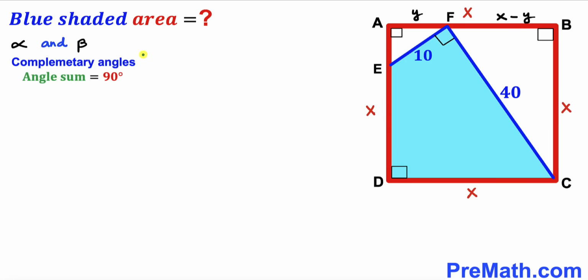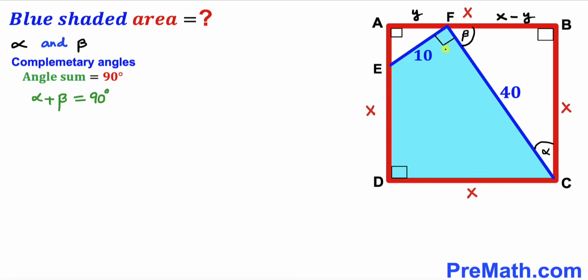And here's our next step. Let's assume that alpha and beta are our two complementary angles. In other words, the sum of these two angles, alpha plus beta, must be equal to 90 degrees. And here in this triangle FBC, I'm going to label this angle as alpha. This is our 90 degrees angle, so therefore this angle has got to be our angle beta.